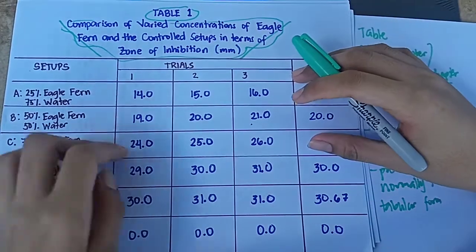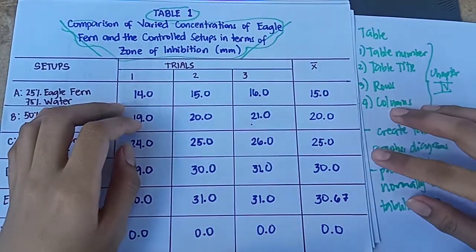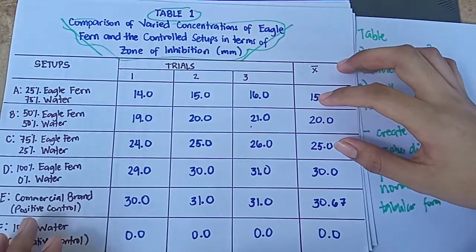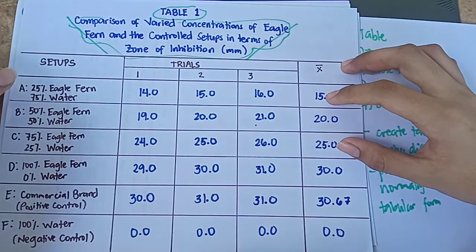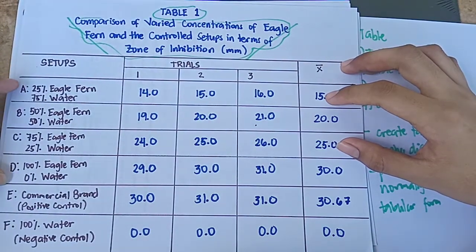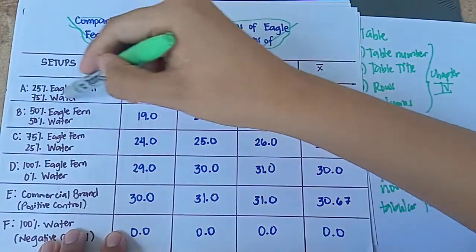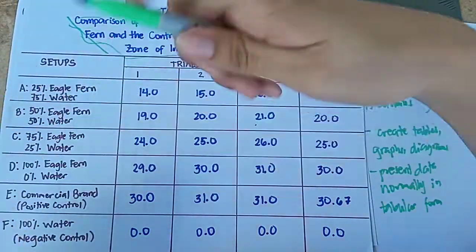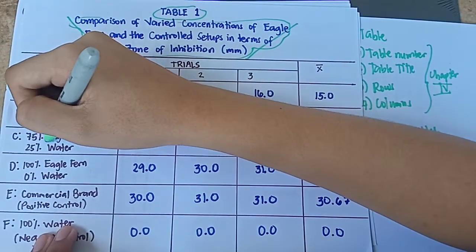Okay, so let us discuss this table. So in this table, we can see the research design. These are the setups that we were talking about earlier. So setups A, B, C, and D, these are the experimental setups because they are exposed to the independent variable. And what is our independent variable again? The eagle fern.